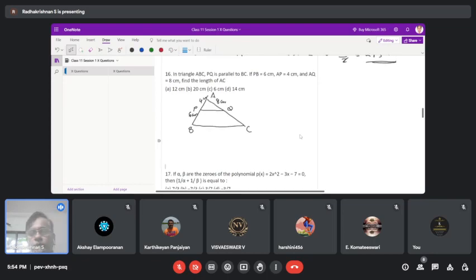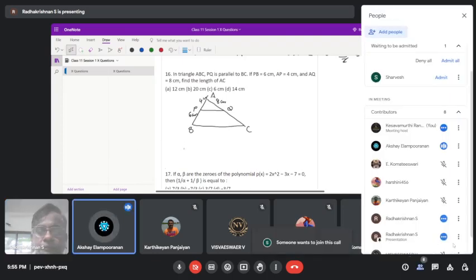So how can we solve this problem? I already told you this is based on similar triangles. Do you see similar triangles here? Which are the similar triangles here?